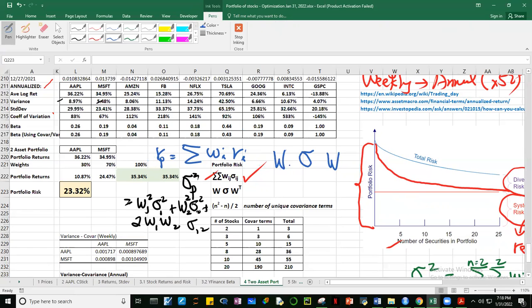Ano yung rule na yon? Okay, tingnan muna natin yung size ni weight matrix. Ito yung size, yung weight matrix natin. It's 1 by 2. Okay, 1 row by 2 columns. Anong size ni variance covariance matrix natin?